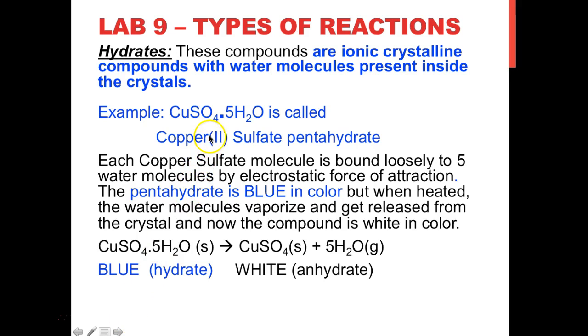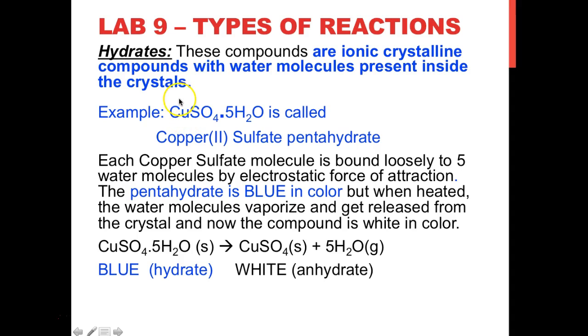Hydrates. What are hydrates? So hydrates are ionic compounds. They have a crystal structure, and inside the crystal structure you'll see water molecules present. Okay. So one such hydrate is copper 2 sulfate pentahydrate. So within its crystal structure there are 5 water molecules attached to the copper ion, right?